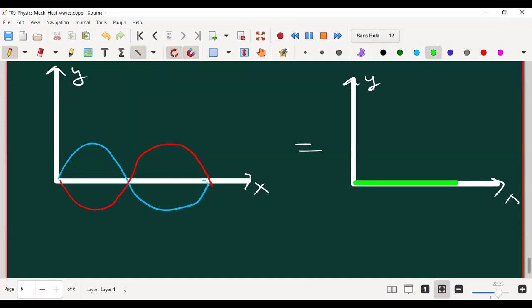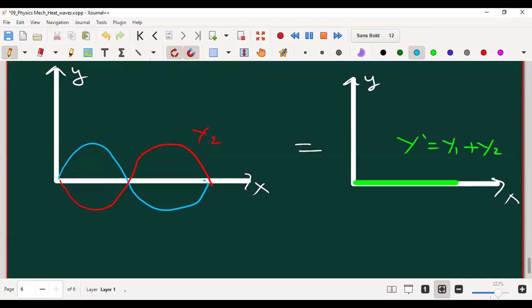The amplitude will be zero because the two waves are in different phase. Phase one and phase two differ by 90 degrees. This one is y prime, y1 plus y2.